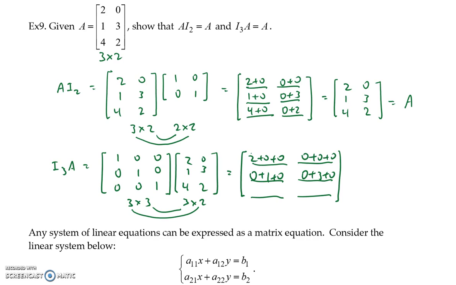Row 3 with column 1, 0 plus 0 plus 4. Row 3 with column 2, 0 plus 0 plus 2. That gives us 2, 0, 1, 3, 4, 2. Guess what? A again.